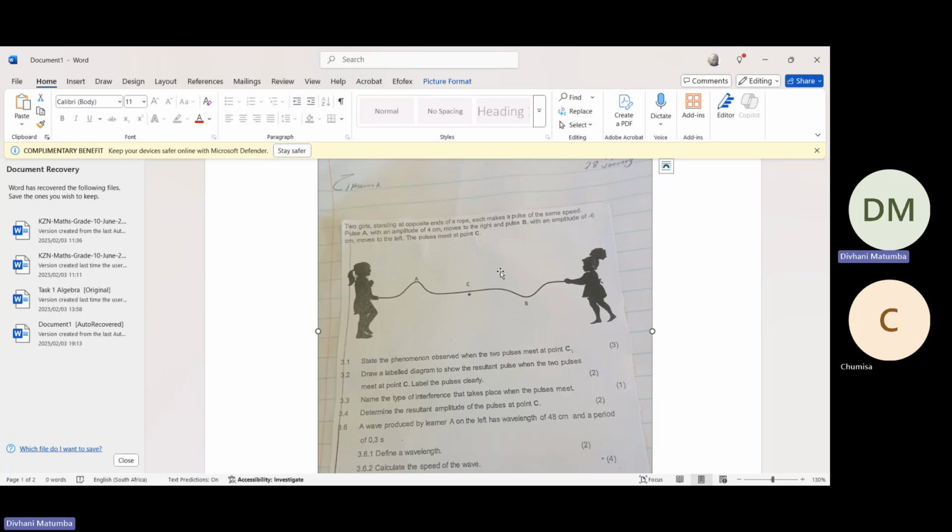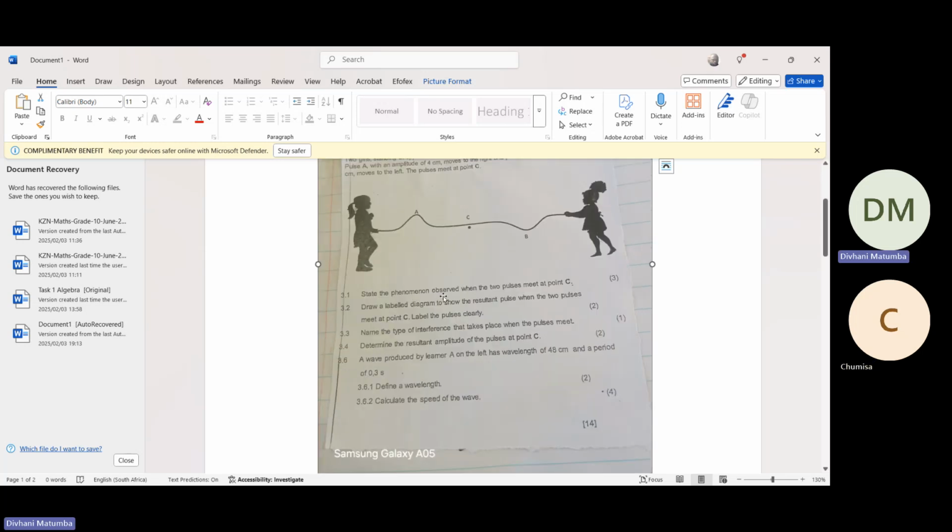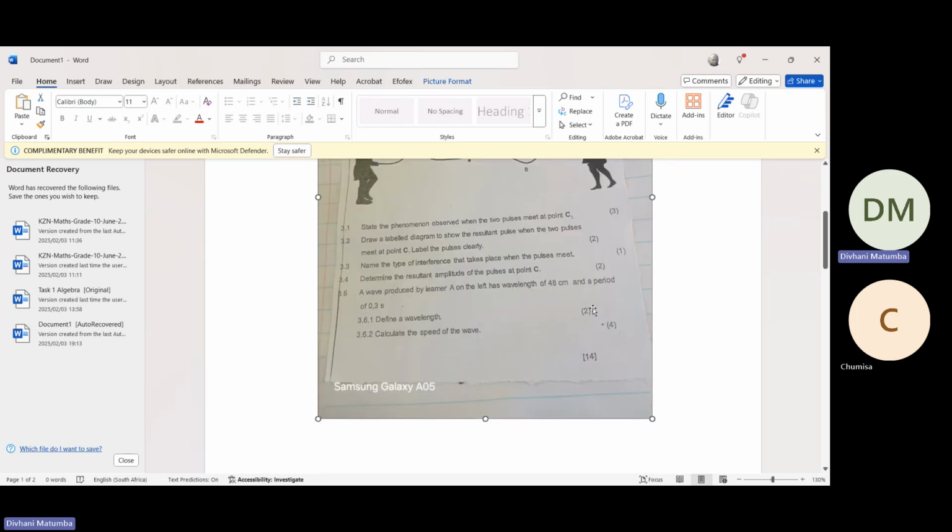The pulses meet at point C. Now, state the phenomenon observed when the two pulses meet at C. What do we call this phenomenon? I think it's going to be destructive interference.